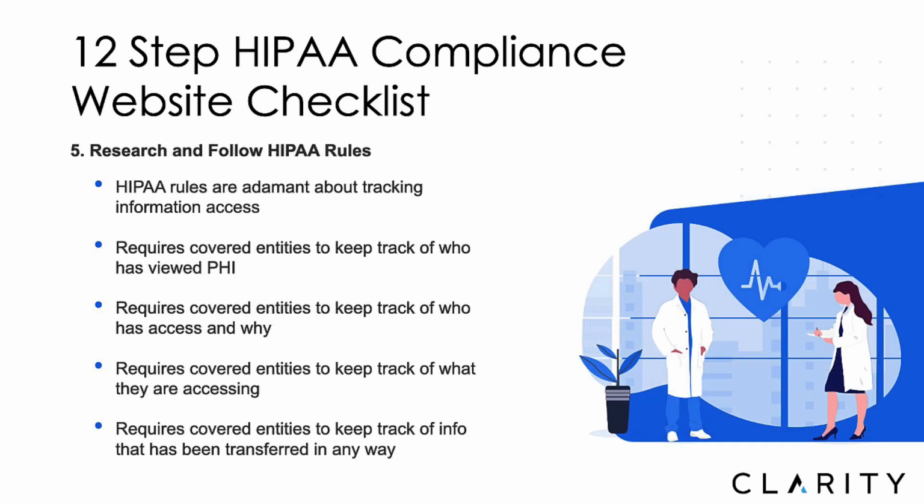So moving on, we're going to go into step 5 in the checklist, which is to research and follow the HIPAA rules. I know that seems like a pretty basic statement, but we want to know about the different rules that there are. There's a whole bunch of different rules. So if you want to dive into privacy, or engage the audience about how you research the rules and how you follow the rules, right?